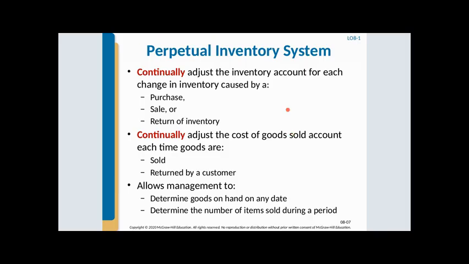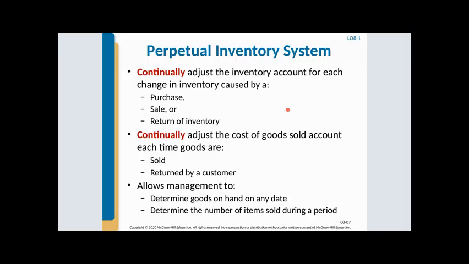So we have basically two types of inventory systems. We have the perpetual inventory system, and then we have a periodic inventory system. So we're going to try to cover both of them. The perpetual inventory system is probably the one that's most widely used at this point, given the availability of technology.